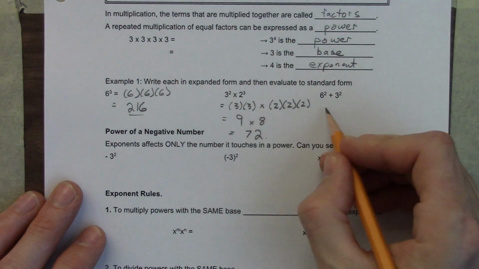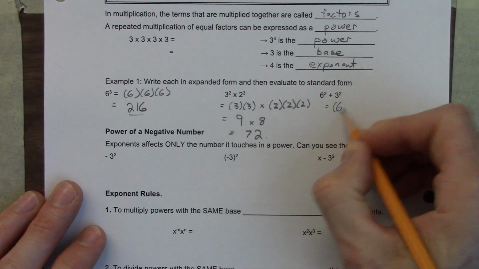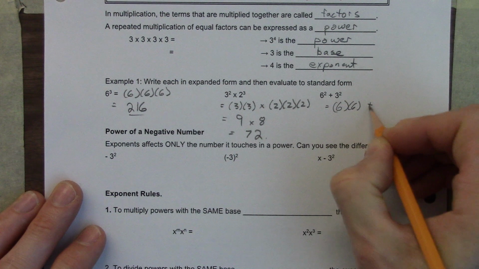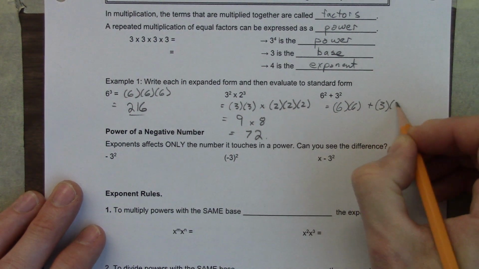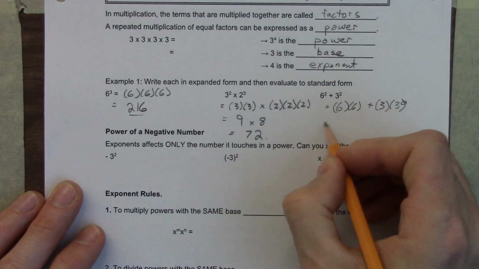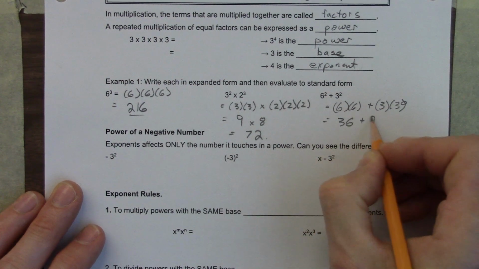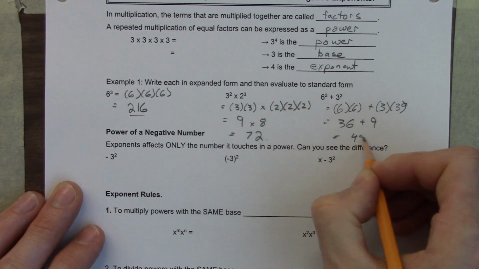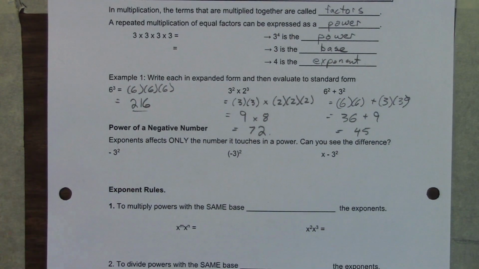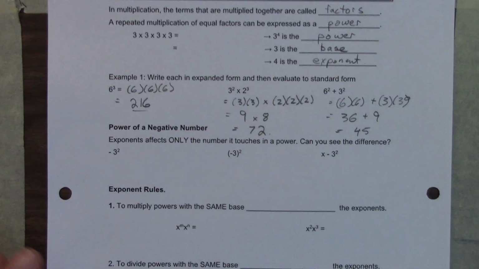All right, last one. We're going to have 6 times 6 plus 3 times 3. So we get 36 plus 9 equal to 45. Any questions with that basic exponent power math? All right, good.